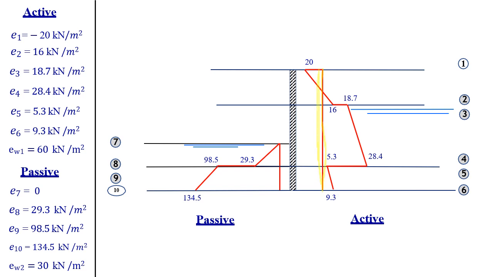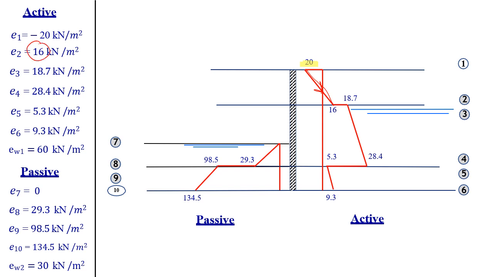This is your datum, a vertical line. You have E1 of negative 20, so you plot your value on the left hand side of the datum. Then it increases linearly from negative 20 to 16, which is E2.